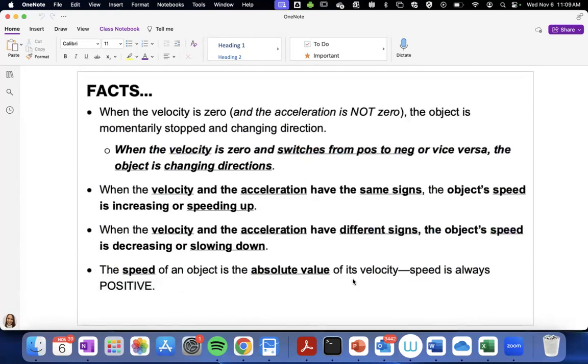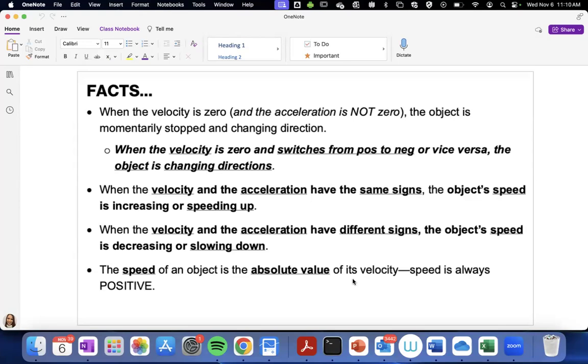A couple more facts. When your velocity is 0, the object is momentarily stopped and changing direction. When it switches from positive to negative, that means the object is changing directions. This can also be when the velocity is 0 and you have a maximum or a minimum on your function.